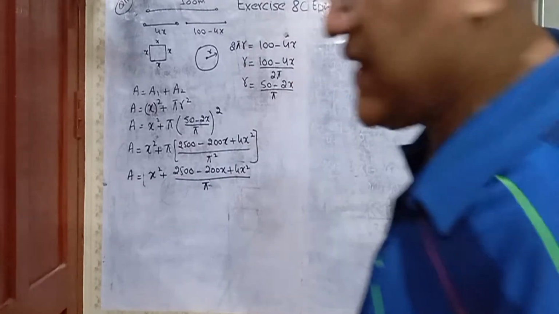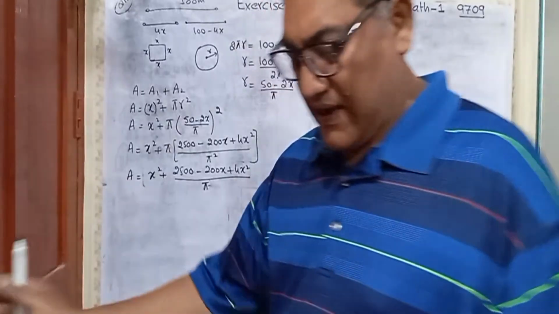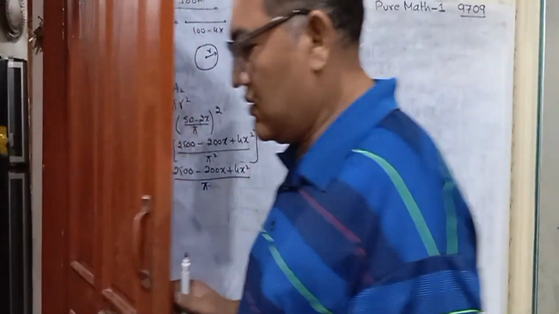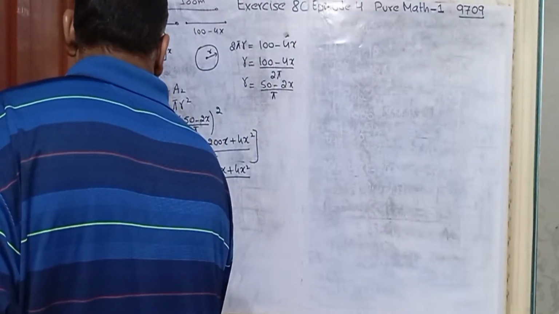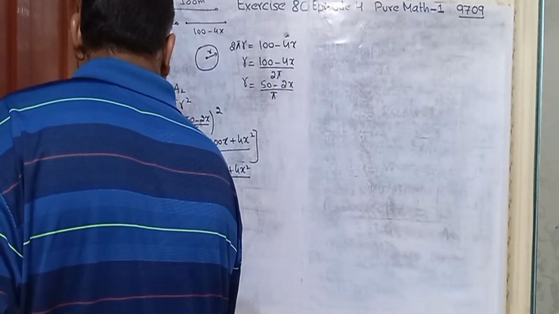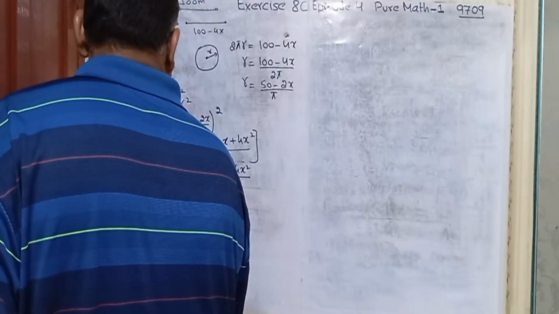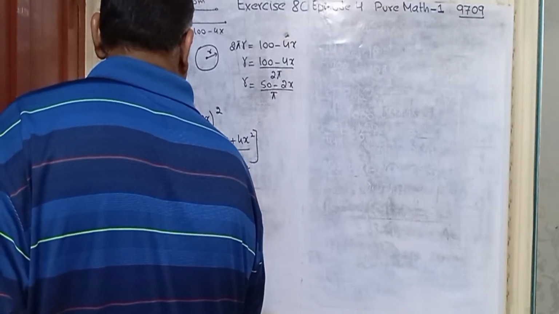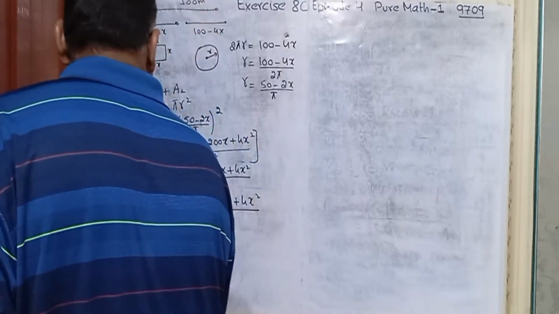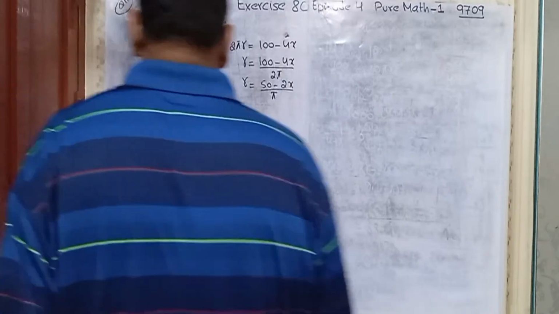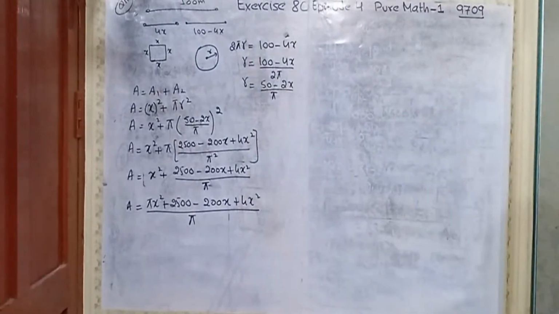Now I can take the LCM, and this thing will become pi x square plus 2500 minus 200x plus 4x square divided by pi. Okay, now there are two terms which have x square.